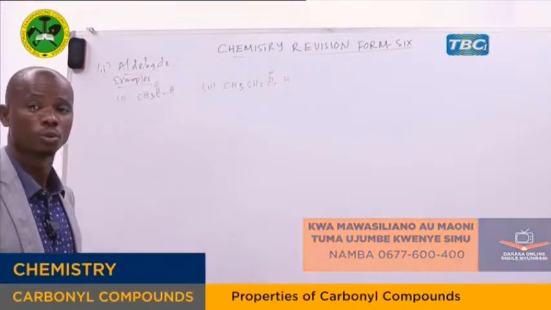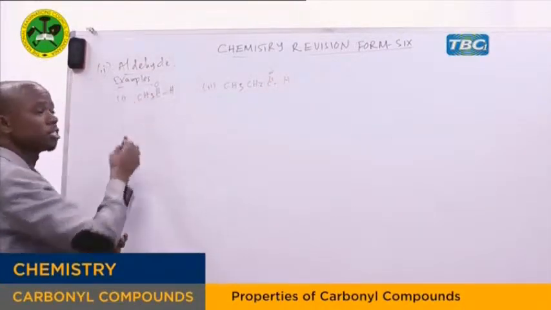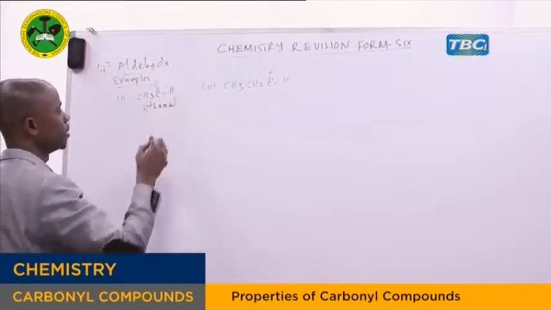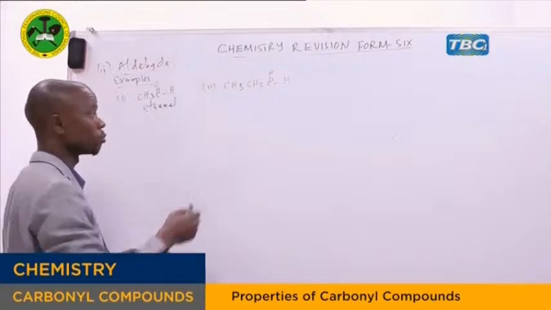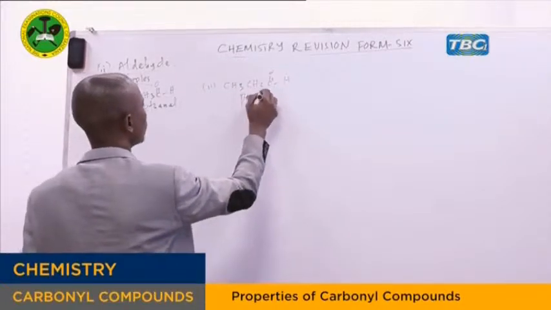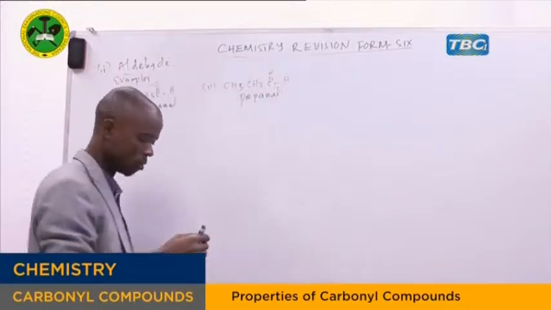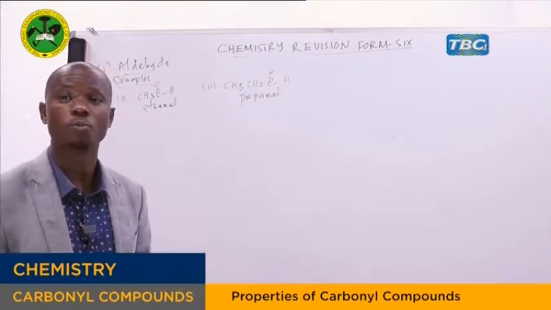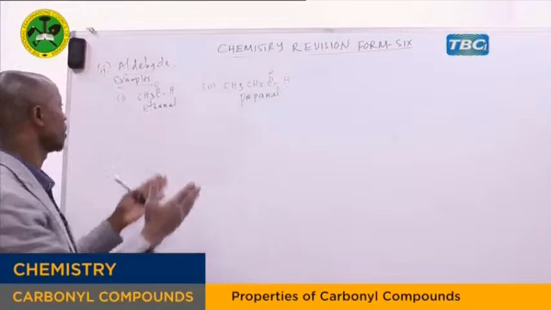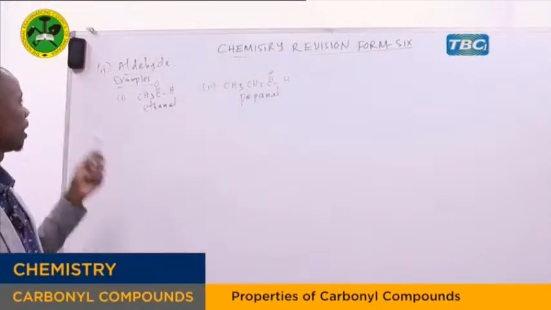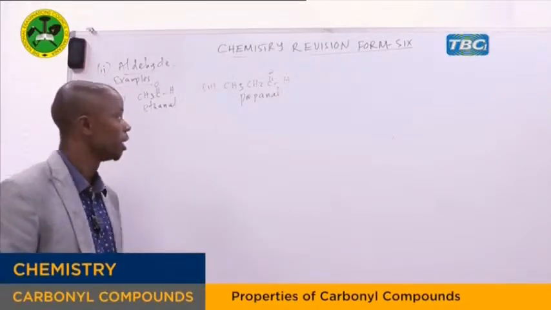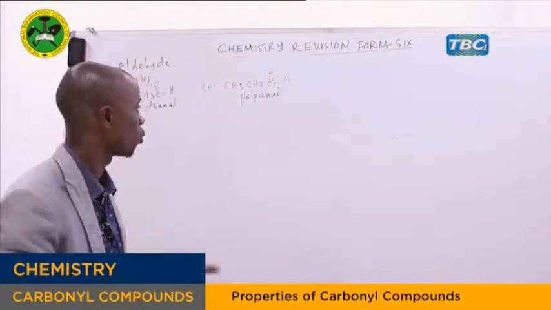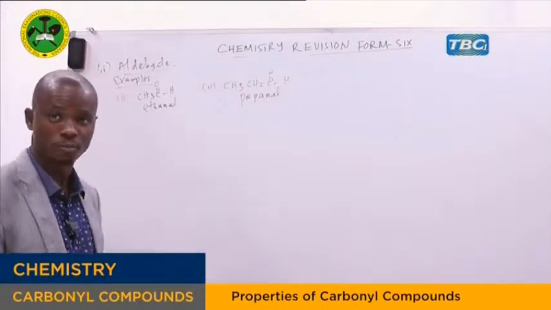That is example 2. The first example contains 2 carbon atoms, so this is ethanal. The second one contains 3 carbon atoms, so this is propanal. So you can see the position of the carbonyl group. If I tell you to define it, you can simply say an aldehyde is an organic compound containing a carbonyl group bonded to at least 1 hydrogen atom, as you can see.